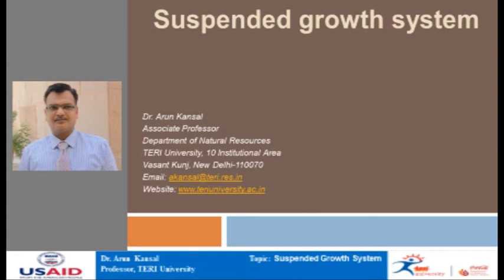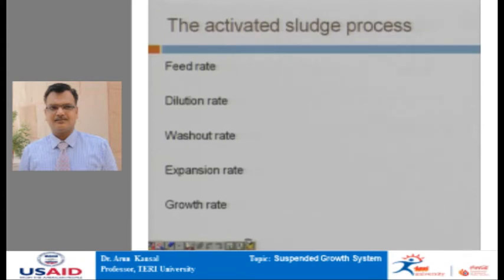So, in the context of the activated sludge process, let us understand the basics of the working of the suspended growth system. Before we go into the details of the process, let me introduce you to some of the basic terms used in the activated sludge process.